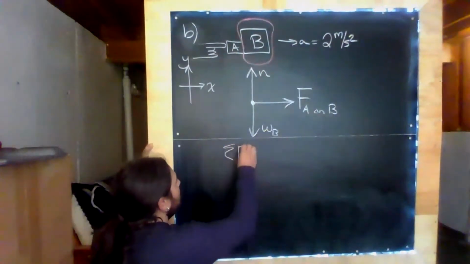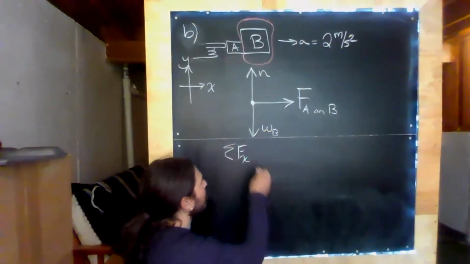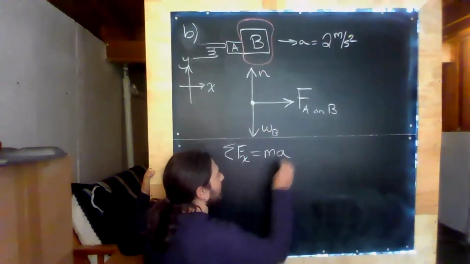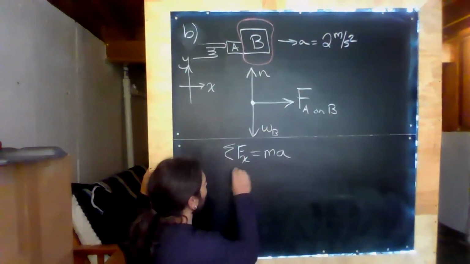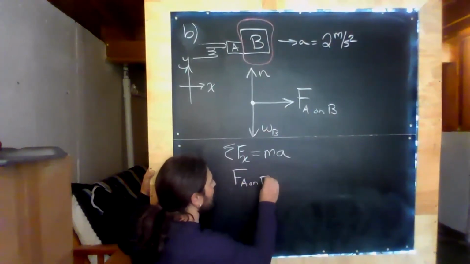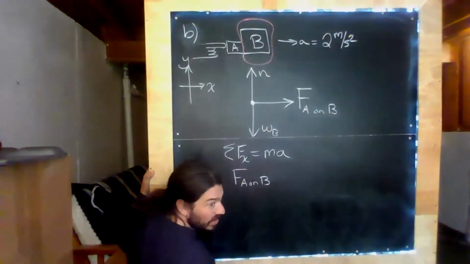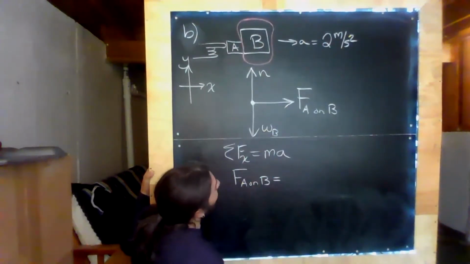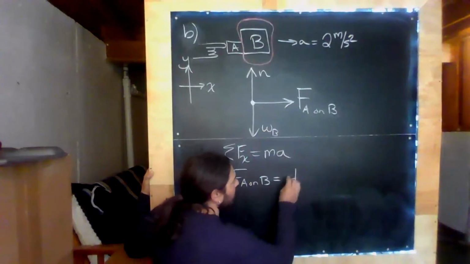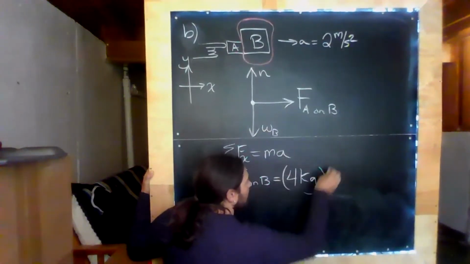The sum of the forces in the x direction equals mass times acceleration. So in this case, we have FA on B. That is the only force acting on B, equals mass. Well, we can just plug that in. What is the mass of block B? That's 4 kilograms. Times the acceleration.